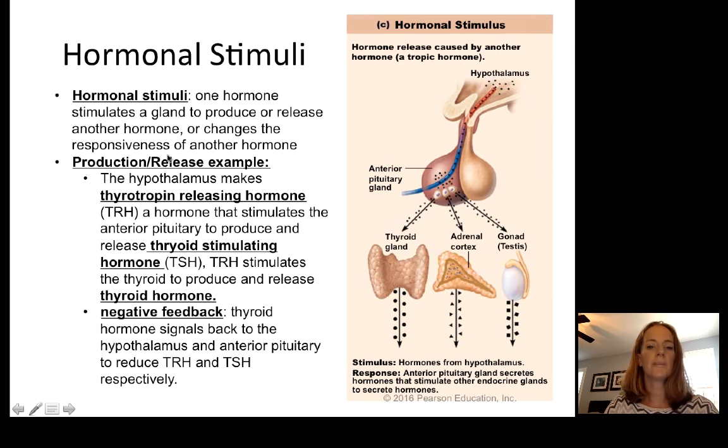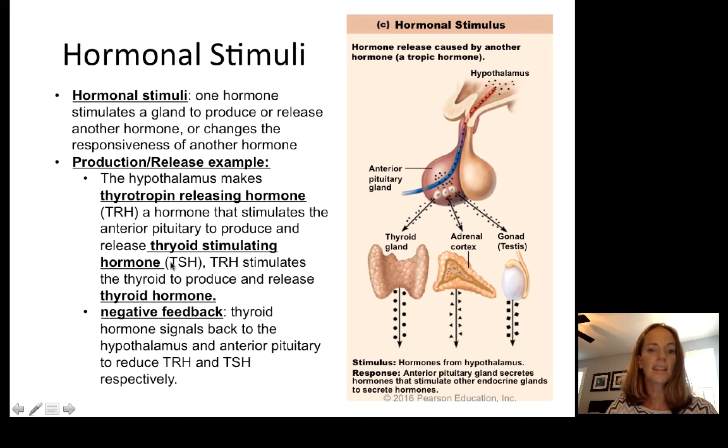For hormonal stimuli, we have several levels of glands that can cause signals to glands lower down in the chain. So we'll start with hypothalamus, which makes something called TRH. That hormone stimulates the anterior pituitary to produce TSH.